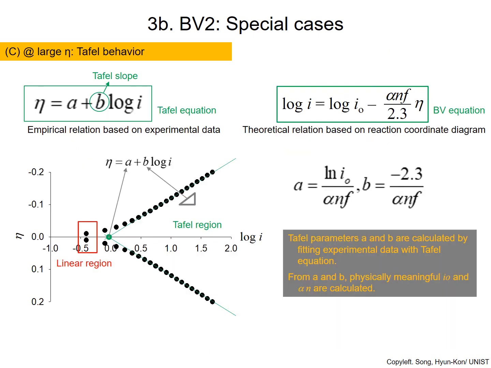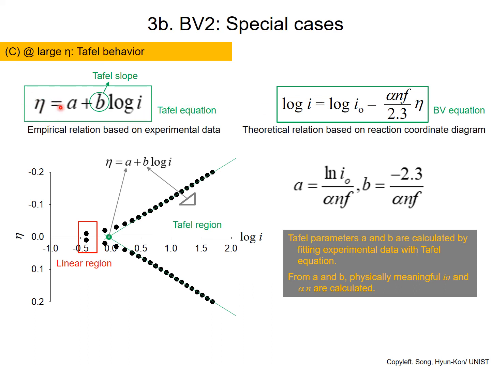Okay, so in this case, I have said the Tafel region is there at high overpotential before reaching the mass transfer limited situation. I'd like to introduce the Tafel equation here.